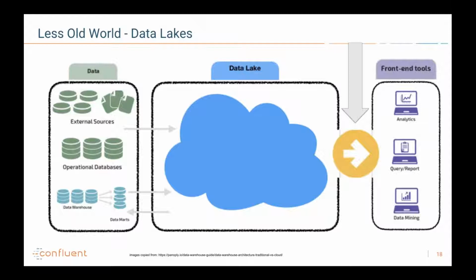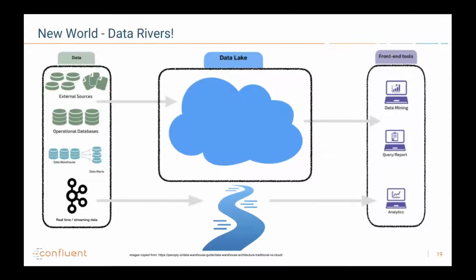But this was all before the idea of streaming data. So where does your streaming data go? To use the concepts of a data lake, it's supposed to go in a data lake. But data lakes are designed for batch processing. So in this new world, you need to have batch processing at the same time as your real-time streaming data, which creates a need for a new type of architecture.